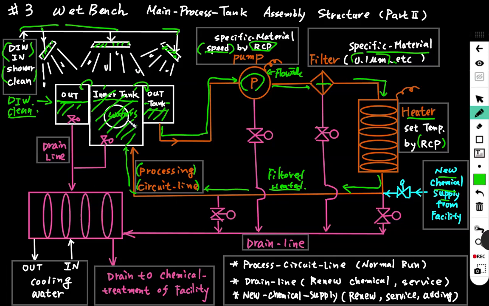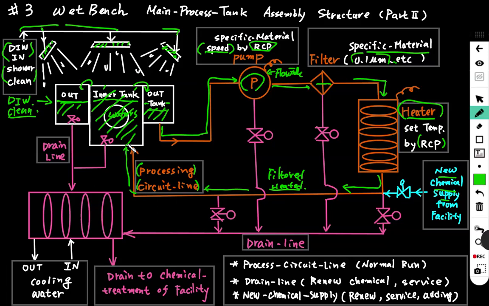During this period, it produces a lot of particles, so we use the pump to pump out the solution, use the filter to filter the particles, and then use the heater to maintain the set point of the process temperature, and a clean heated chemical goes back to the inner tank.